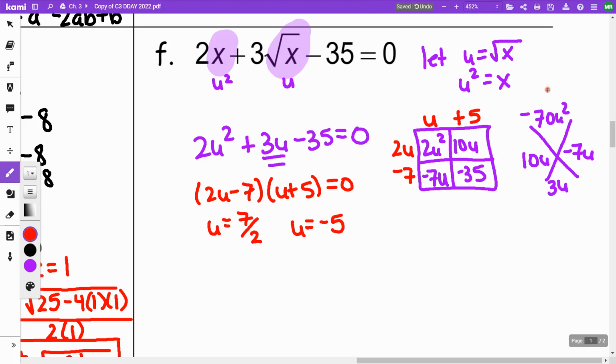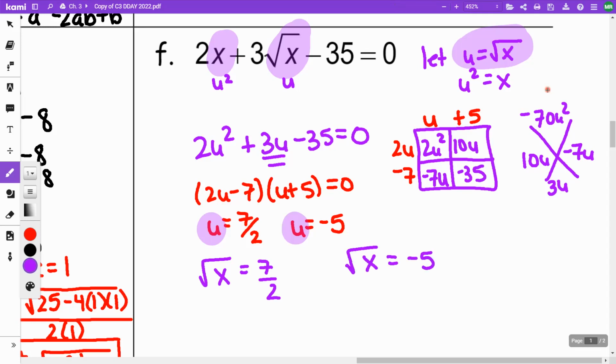Now, remember that u was equal to the square root of x. So in place of the u, I am going to write the square root of x is equal to 7 halves, and the square root of x is equal to negative 5. The minute you have a square root, you need to stop.